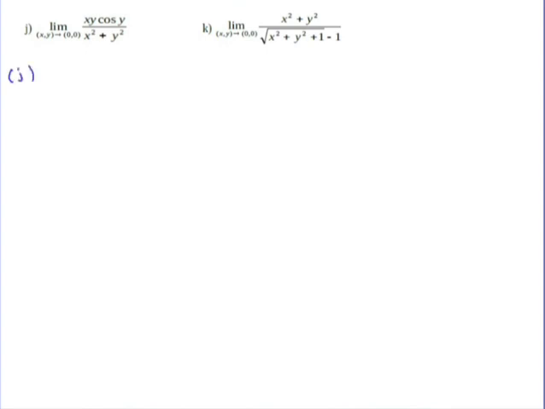ወደ j ስንመጣ polar coordinate system መጠቀም ያስፈልጋል. So put x = r cos theta, y = r sin theta, and r square = x square plus y square. ይሄንን substitution በመጠቀም ምን ይሆናል?